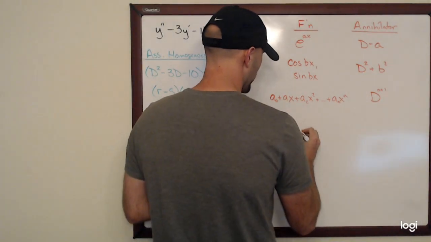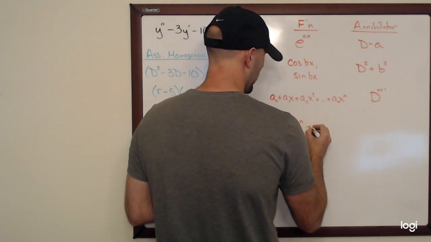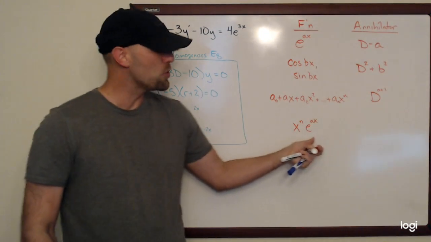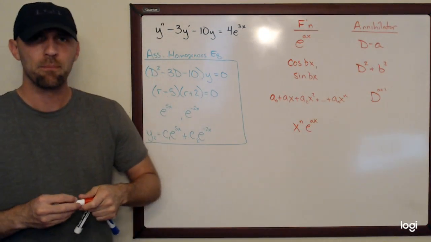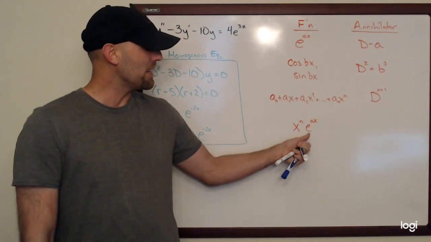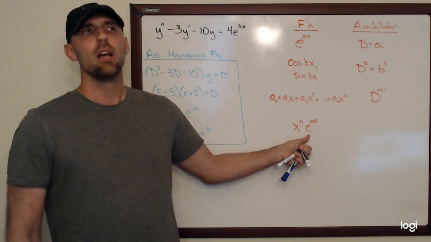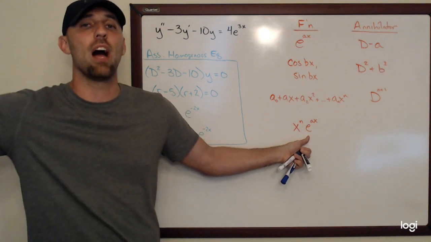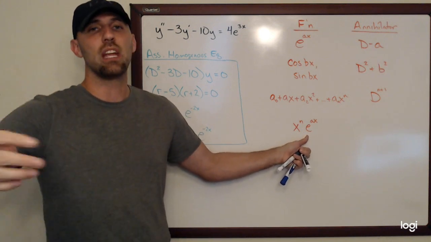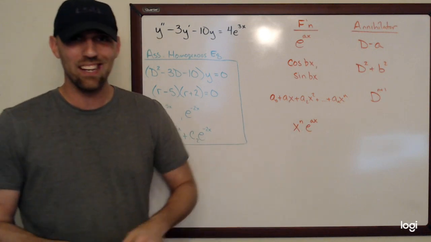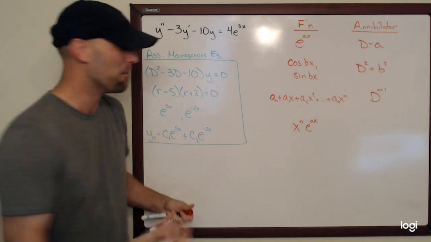Well, again, just go back to how this was created. In order for this to have been a solution, you had to have had d minus a, that's what would have created e to the ax. But you had to have had that multiple times, because it had to have a multiplicity larger than 1. How many times? Well, in order to get to x to the n, you had to have n plus 1 of them.